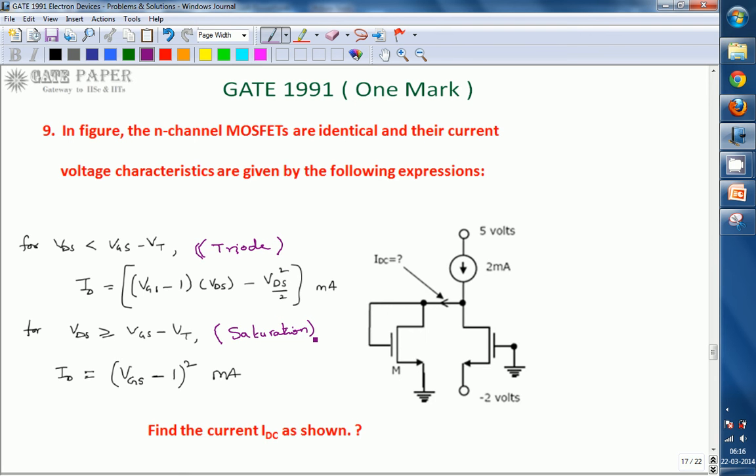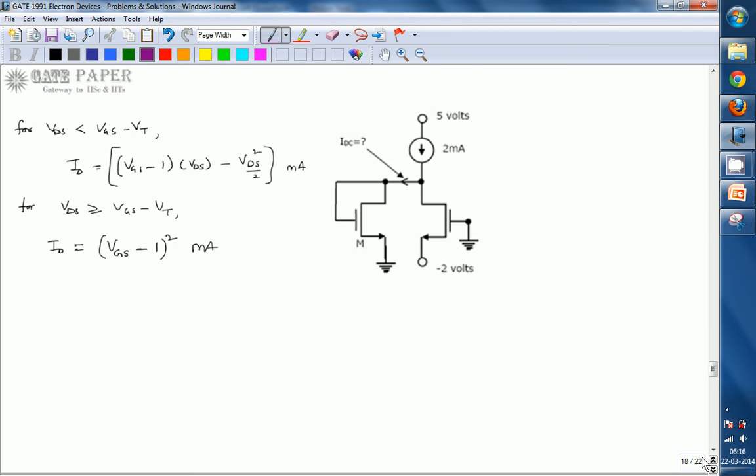Okay, and we are going to name the two transistors in this way. For example, this is going to be M1 and this is M2. We'll go to the other slide. So this is the given diagram, and this is M1 and this is M2.